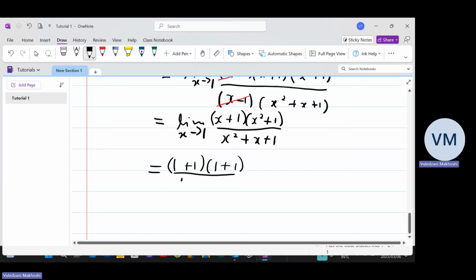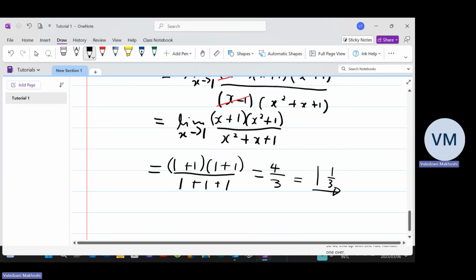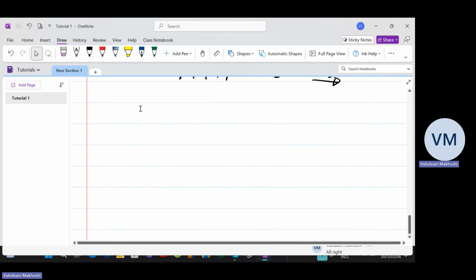Divide this by 1 squared plus 1 plus 1. This is equal to 2 times 2, which is 4, over 1 plus 1 plus 1, which is 3. So we end up with one whole number, 1 over 3, like that. All right. That was method number 1.